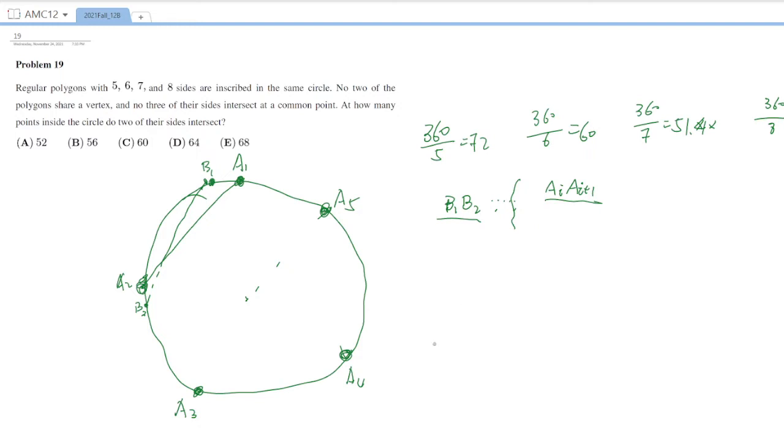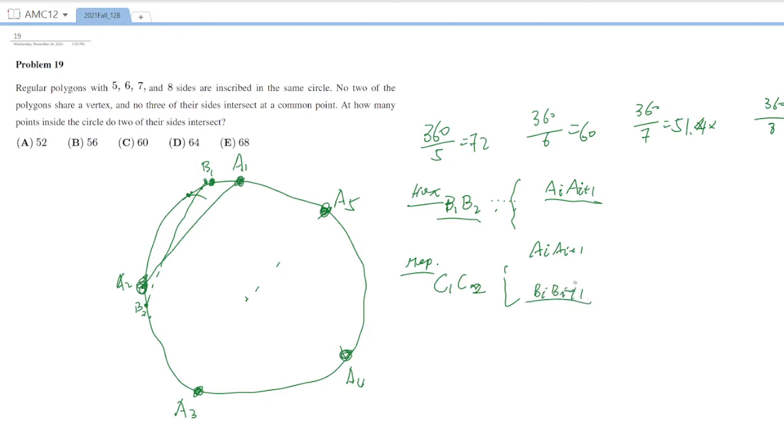And then if we add another one like C1, C2, that's the heptagon. This is the hexagon, this is the heptagon. I can see how many intersections there are between C1, C2 and Ai plus 1, and also Bi plus 1.